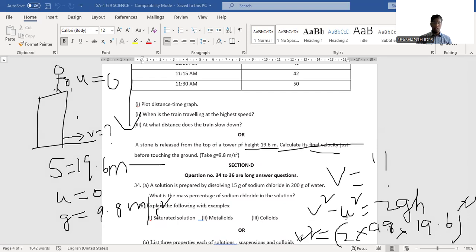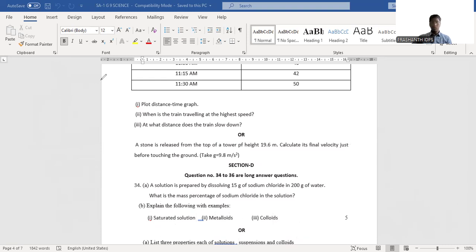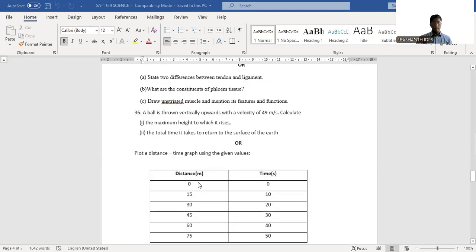So the square gets cancelled, and finally V is equal to 19.6 meters per second, because this is the velocity. The answer will be 19.6 meters per second. This is the answer for the 33rd question. Okay, let us go to the next question.